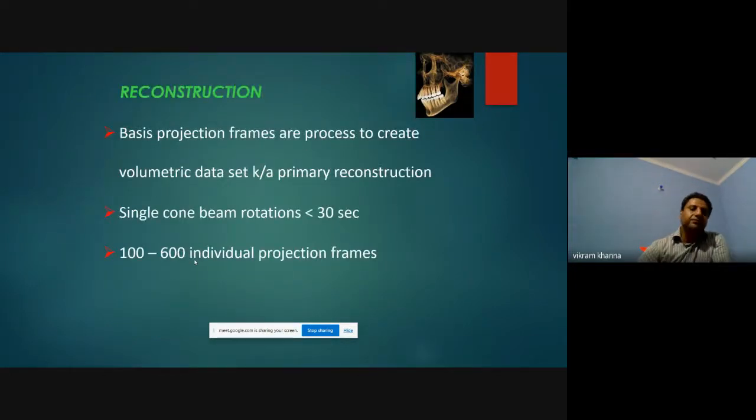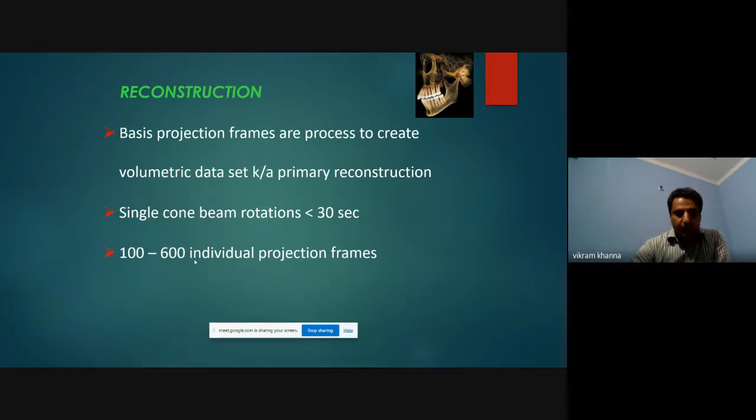Now reconstruction. The reconstruction part is done with the help of software. Each and every company has its own software. Kodak has its own software, iCat has its own software. Each software has mild differences nowadays. Third-party software is also available for viewing.